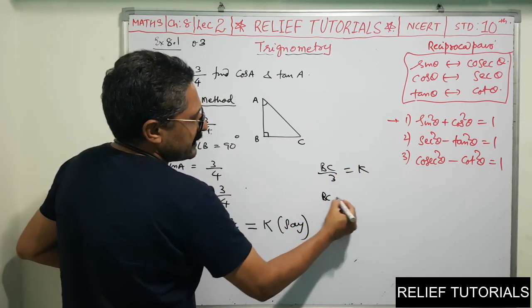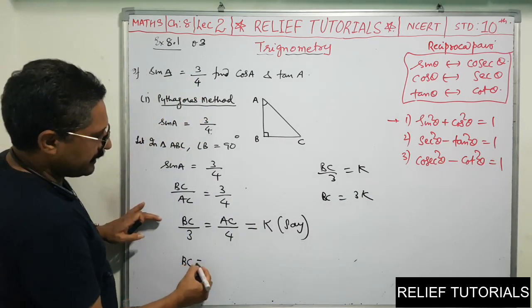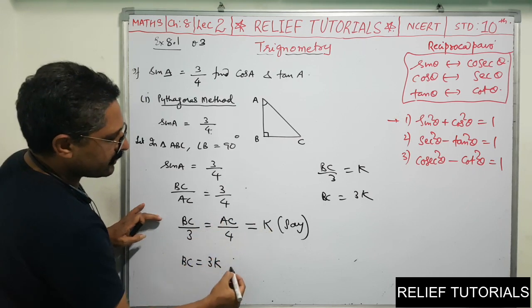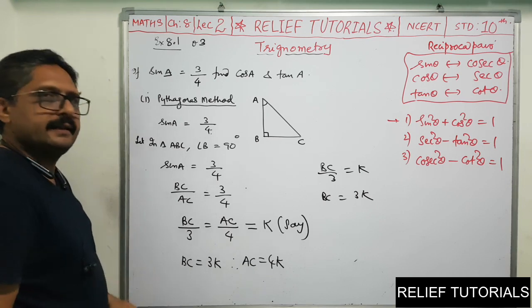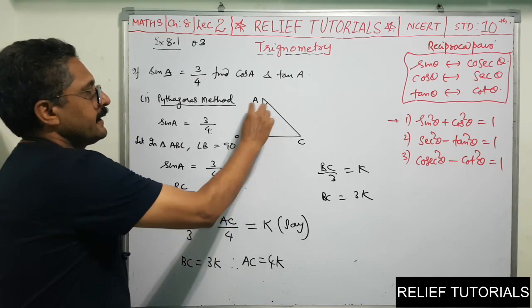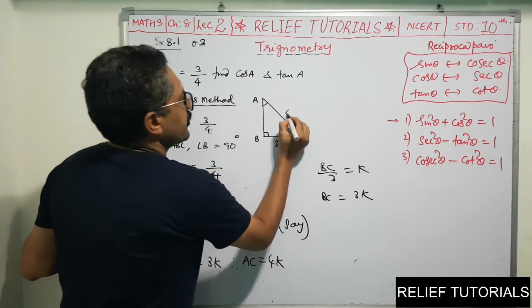So I can write BC is equal to 3k. And AC upon 4 is equal to k, so therefore AC is equal to 4k. So we got the values of BC and AC. BC is 3k, AC is 4k.